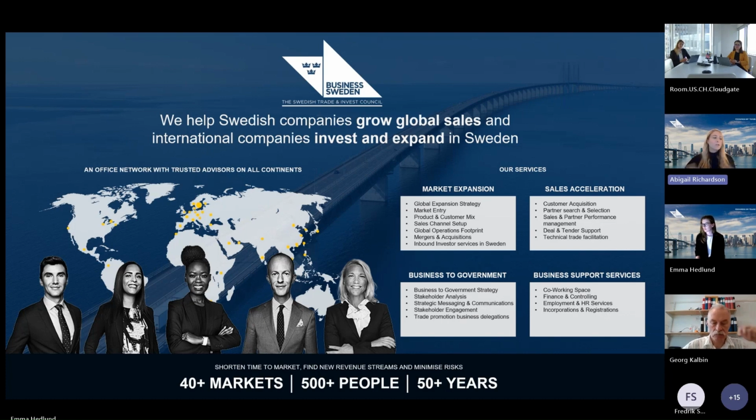We also have a whole team of accountants that support with back office support, payroll, annual tax returns and filings. We also have an HR partner on the team who can support with recruitment and hiring and all that HR infrastructure. We are partly government owned. We offer subsidies to Swedish SMEs, and we actually do offer some services free of charge too. So just know that we're here to support you.